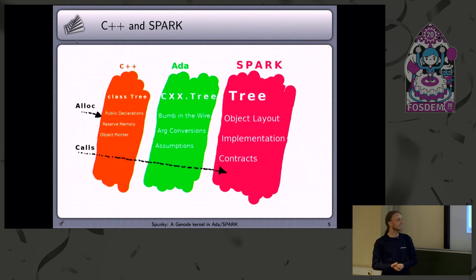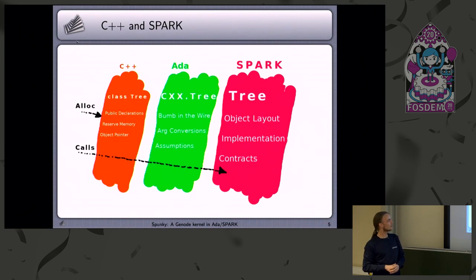I don't know. But what we had during the design phase of this block encryptor was in-depth discussion about how to find a good design, how C++ and Ada and Spark can work together, because the native Genode environment is in C++, and we don't want to change this in the first step, of course.